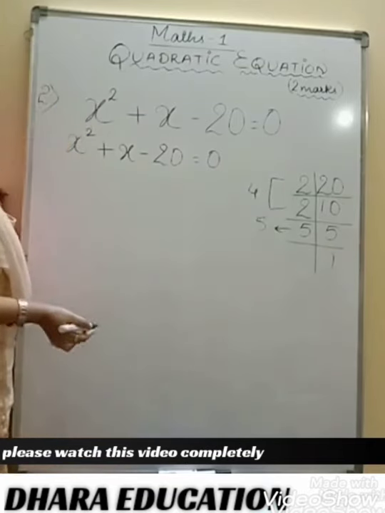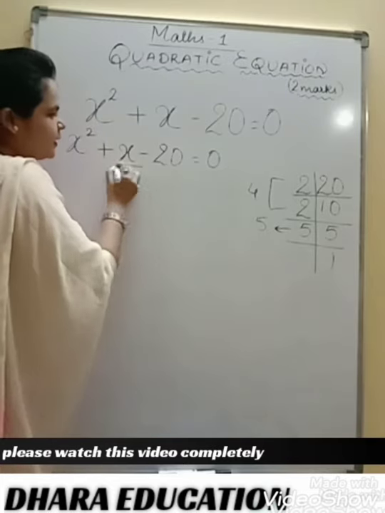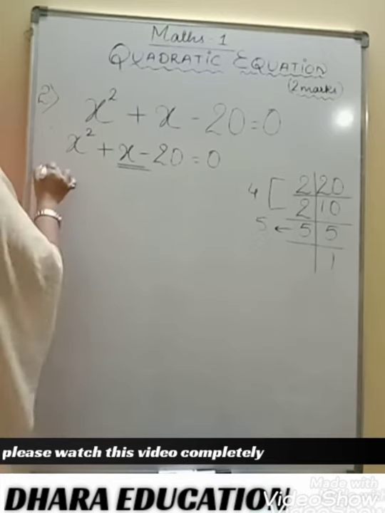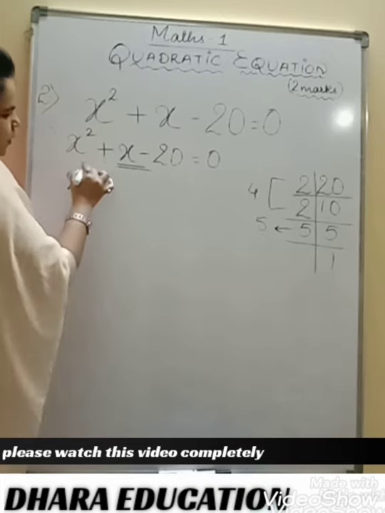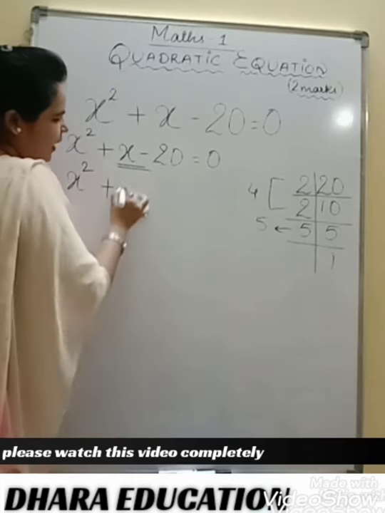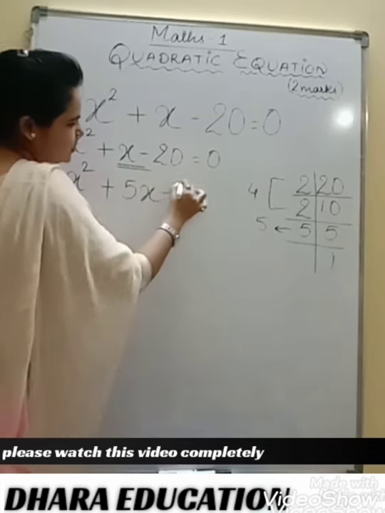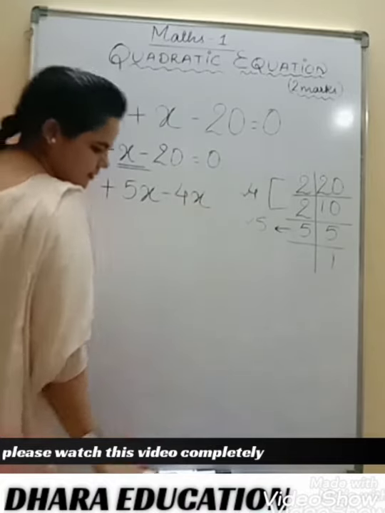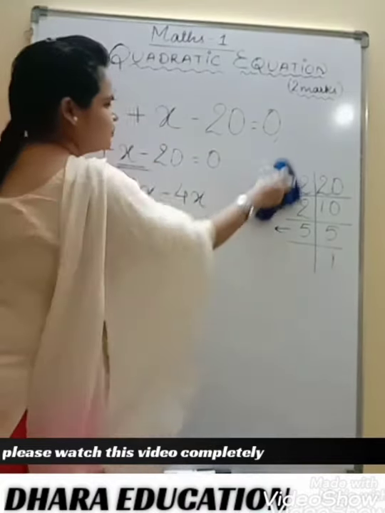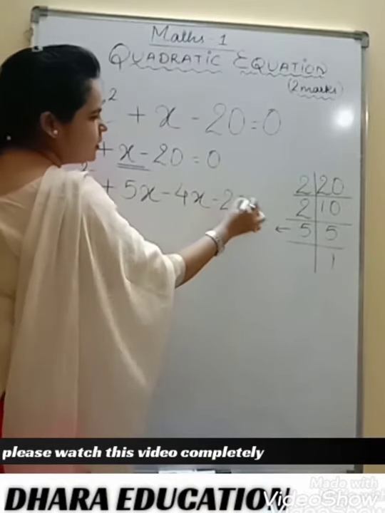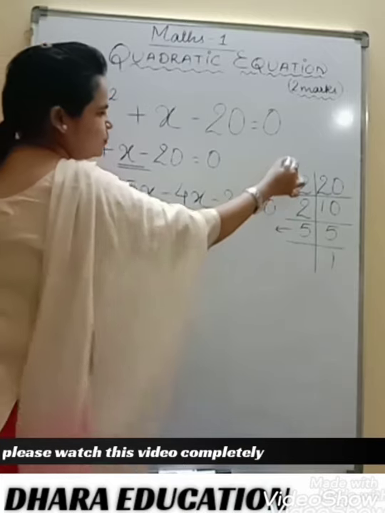So these factors we are going to split here; the middle term will be split. Therefore x squared as it is, plus 5x minus 4x, we have taken this as well as this, minus 20 is equal to 0.